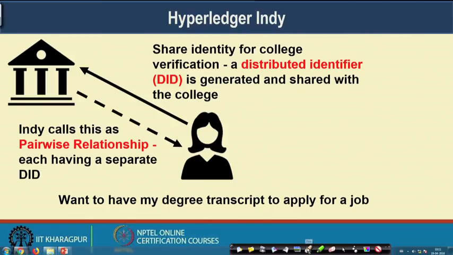So, we call it a pairwise relationship, and every pairwise relationship has a separate DID. So, if Alice wants to verify herself to the college, she will use one DID, one piece of identity information, based on the requirement.